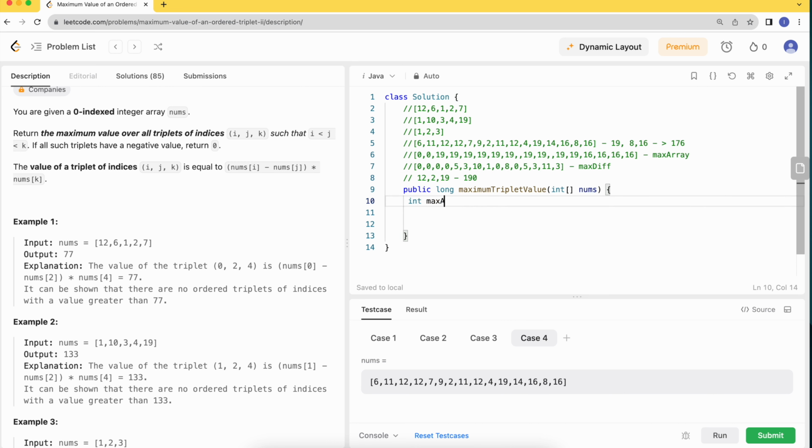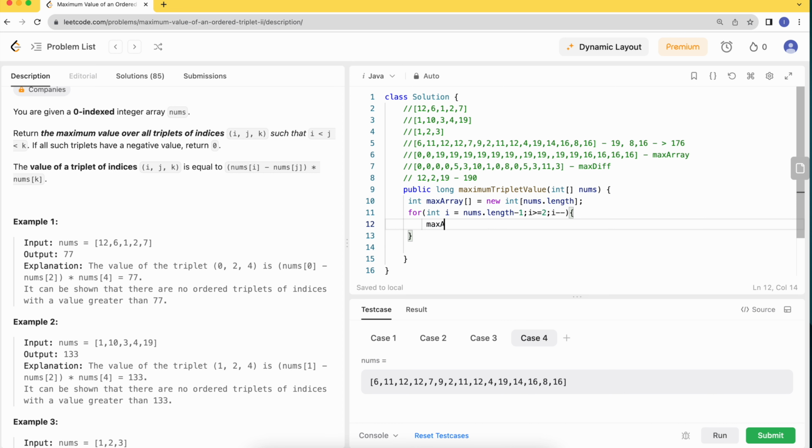We'll have our max array initialized, which will be computing the maximum so far from the right side. So let's have it till the length of my array, and we'll start from length minus 1, i greater than or equal to 2, i minus minus.